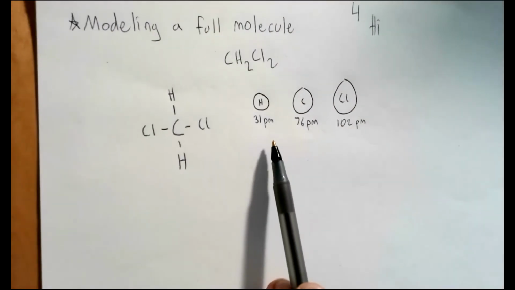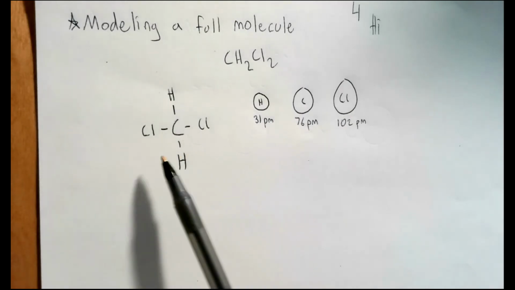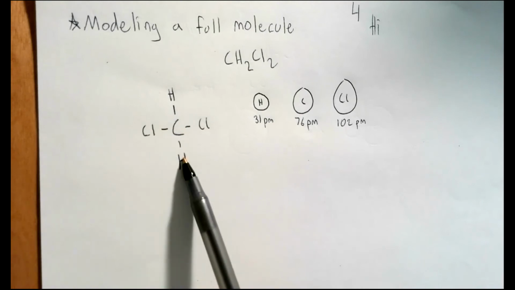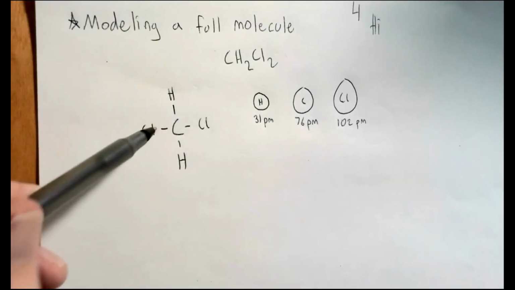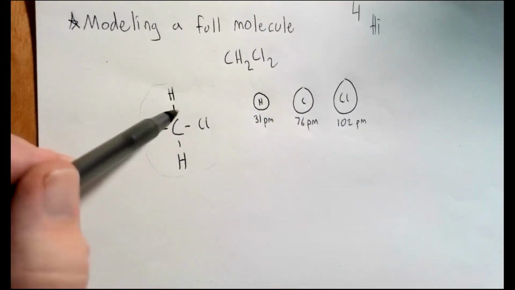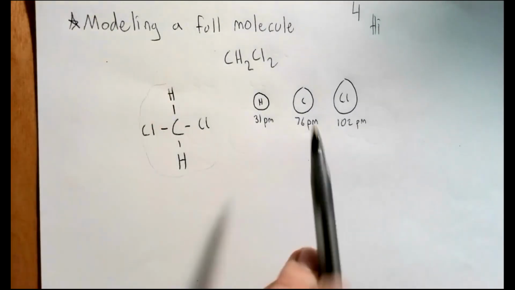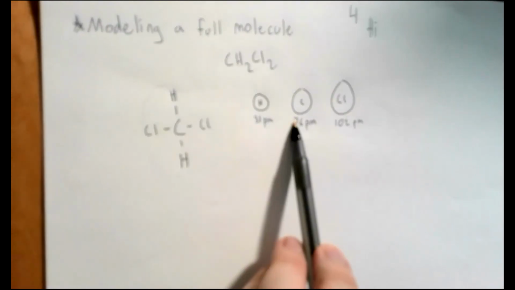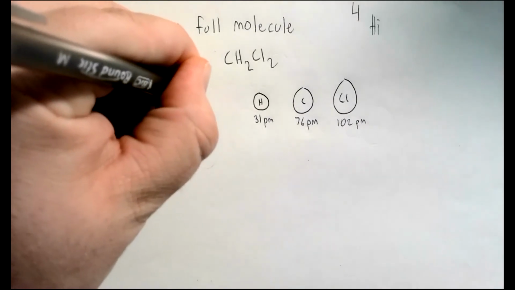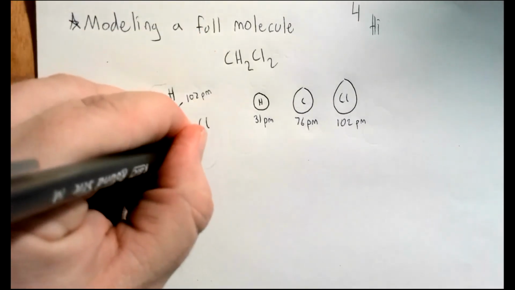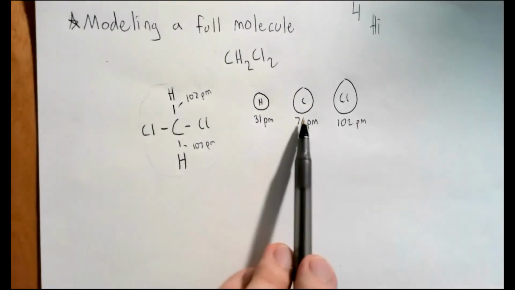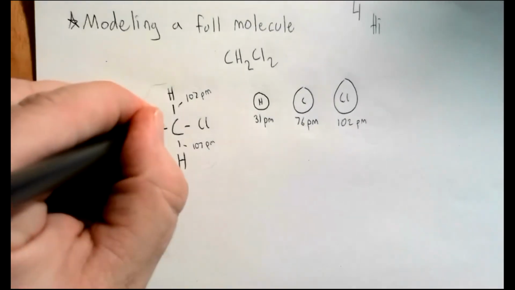So once again, when we are putting our molecule together, you can really just build it bond by bond. And if we think about this, we could probably use this structure and pre-label what the bond lengths will be. Like C to H should be around 107 picometers. That should be about 107. And C to Cl, we haven't done yet. That should be about 178.